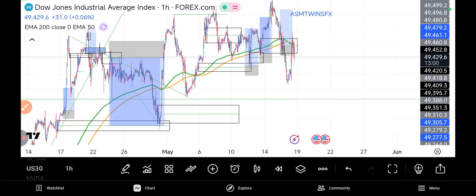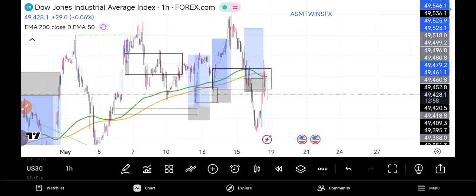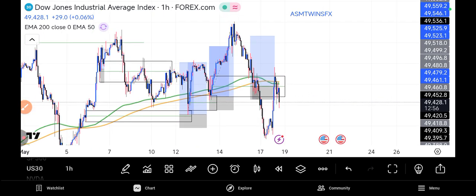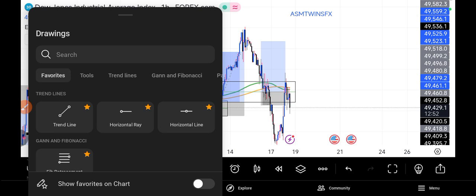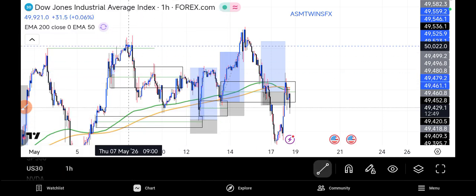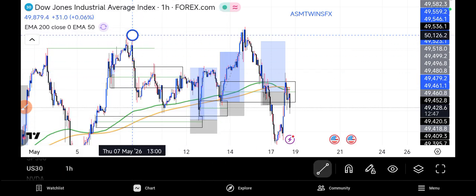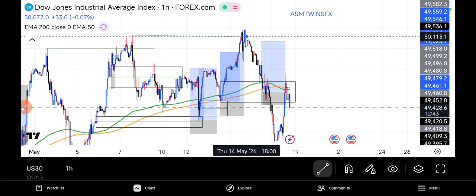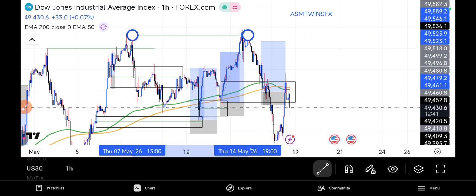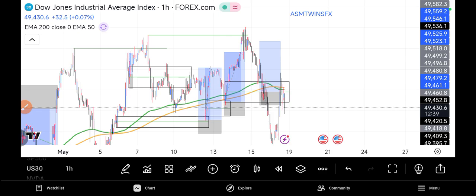So that is a risky trade, and this was a very nice setup. This was the sweep of liquidity that happened exactly at this point. Let's say the price came and took out this high with a faint candle body closing above it.